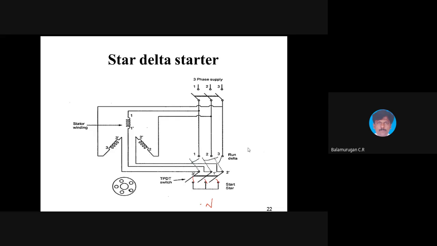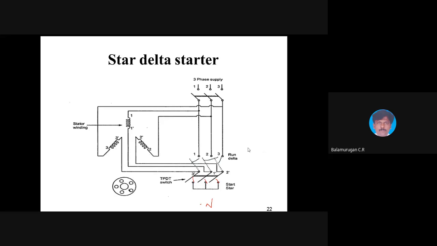So fractional voltage can also be applied to the stator circuit. We do not have any fixed ratio. But in the case of star delta starter, we have a fixed change in voltage only. During the starting period, the voltage will be reduced by 1 by root 3. During the running period, full voltage will be applied. That's all. We have only two voltage levels in the case of star delta starter.